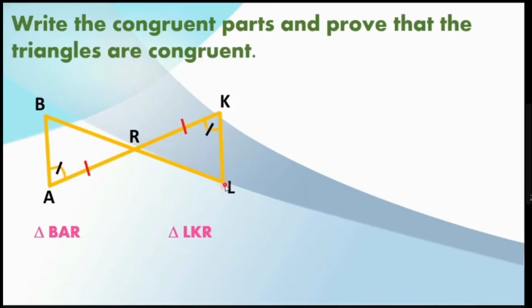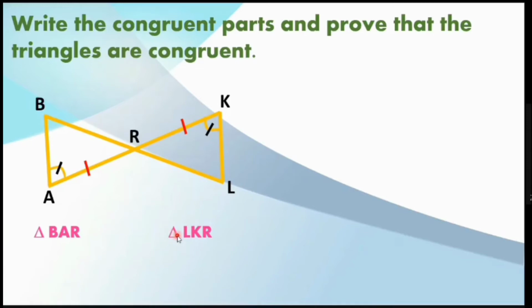So ganun din dito, we started from R, the angle without tick mark, going to K, the angle with one tick mark, going to R, passing through the side that has one tick mark. So we have triangle BAR and triangle LKR.